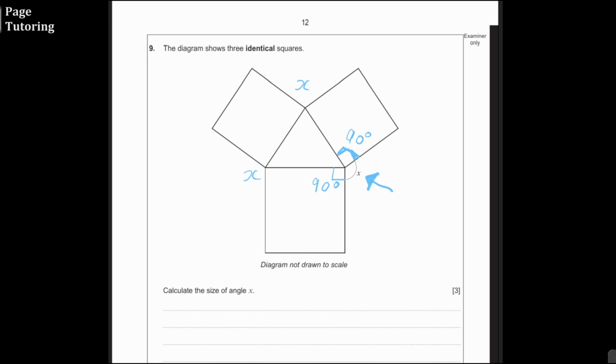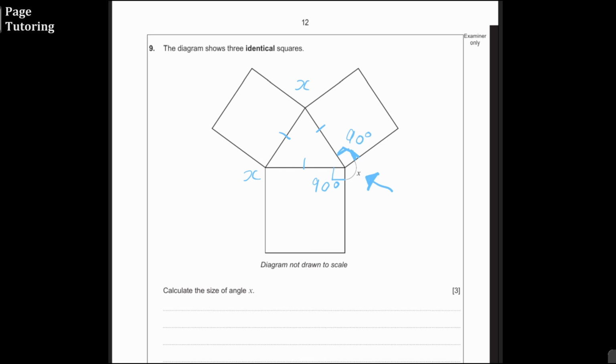So okay, we've got our squares, we've marked on our angles there. Well, what can we learn about this triangle? If its sides are squares and they're identical squares, that means that each one of these sides is the same length. And what do we know if a triangle has all the sides the same length?